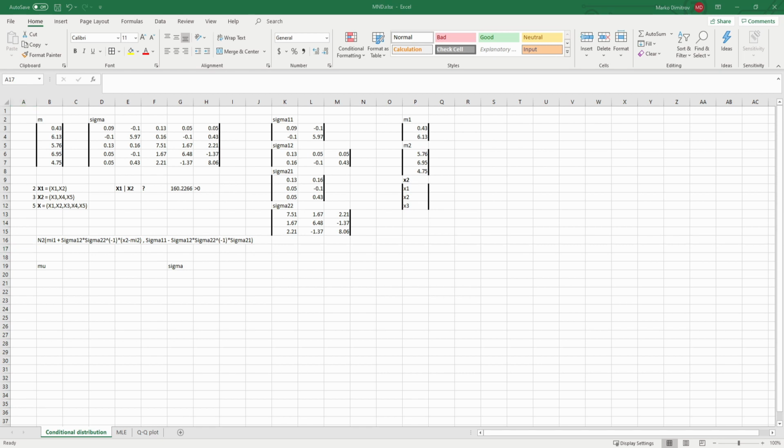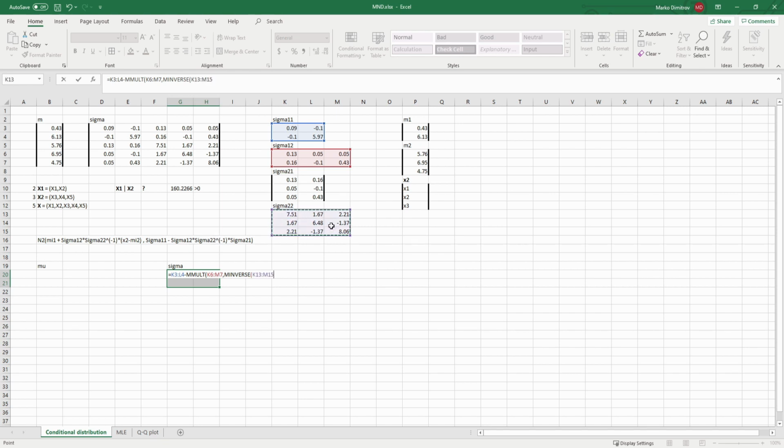Okay, so our covariance matrix is, so what do we have? Sigma 1, 1 minus sigma 1, 2. Okay, so we need here matrix multiplication. Sigma 1, 2. Then we need matrix inverse of our sigma 2, 2.